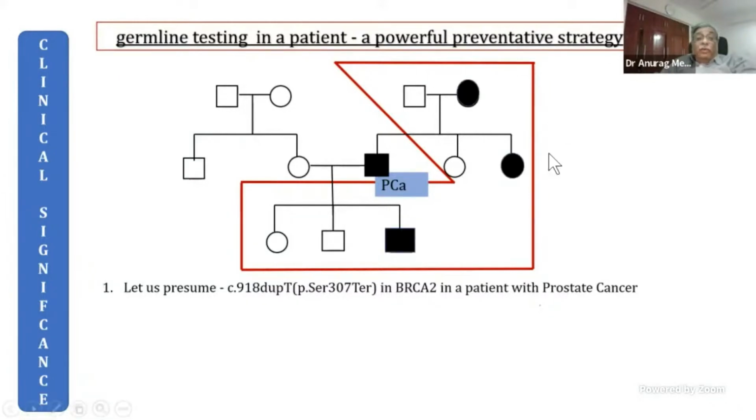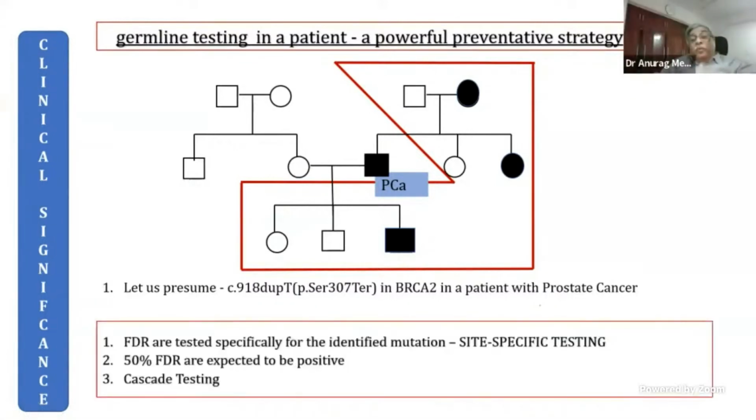So we will find 3 more positive, and this we will do by testing only for this mutation and not for the entire HRR panel. So this is a very cost-effective process and allows us to find a large number of kindred who are mutation carriers and at risk of suffering prostate cancer and other hereditary breast ovarian cancers.